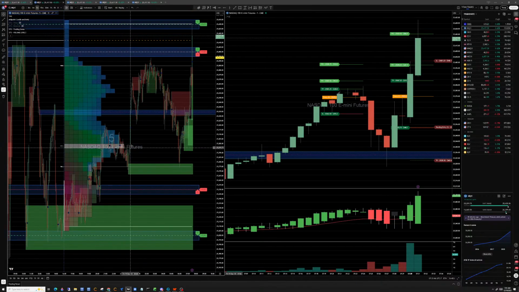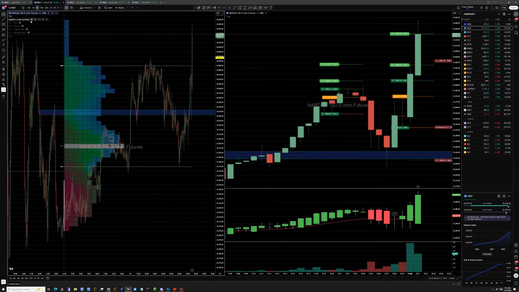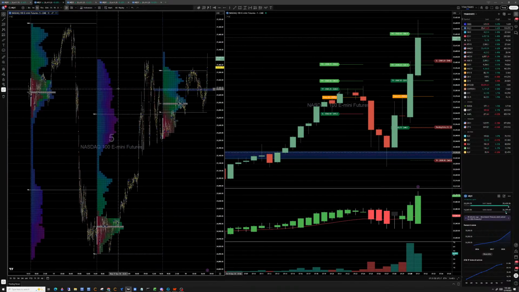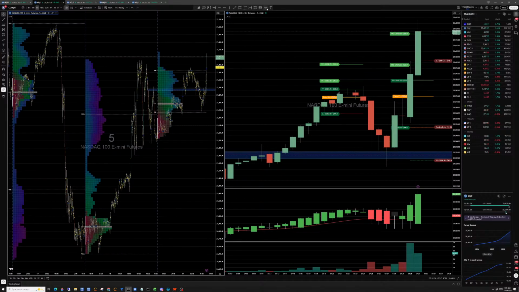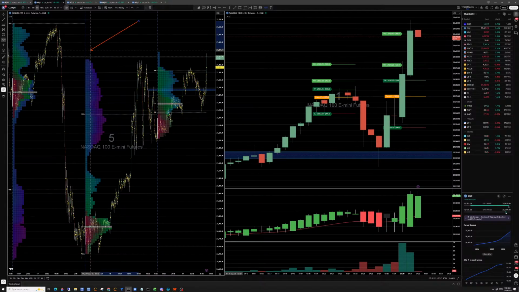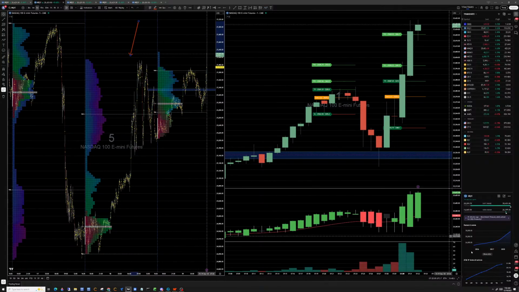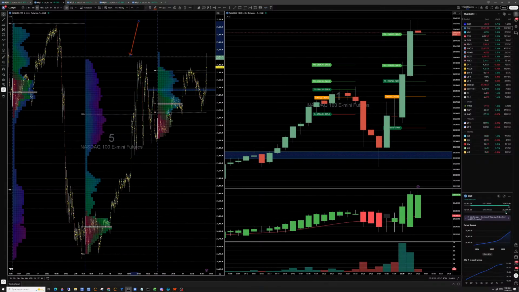You know what was crazy is I was looking at this chart earlier and I was thinking about if it was going to go up there because of how this profile looks. I talked about this earlier this week, how it doesn't have clear rejection up at the very top. Can't see your screen? Oh, okay. Hold on one sec.